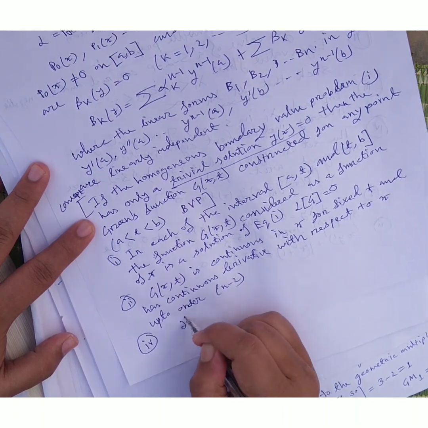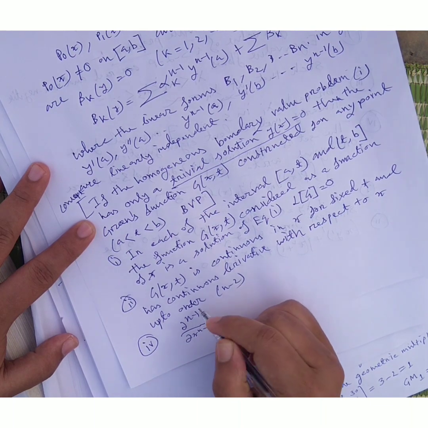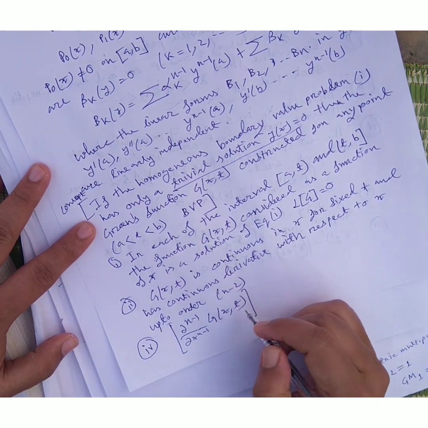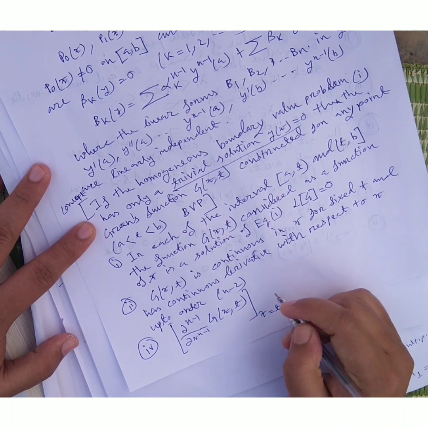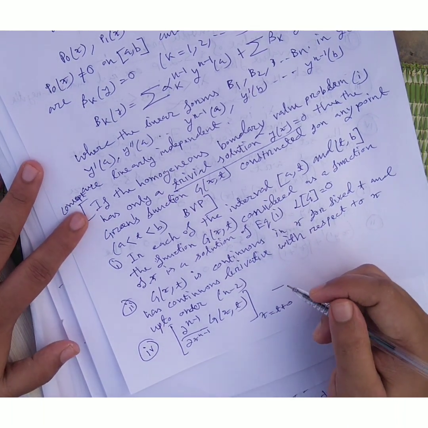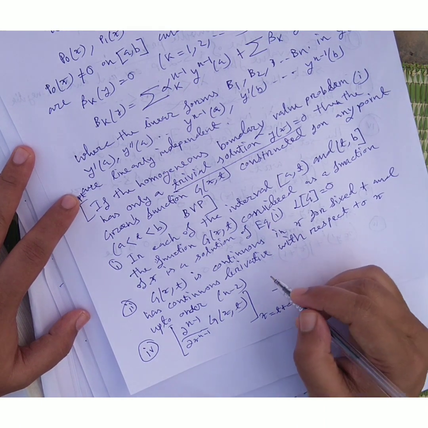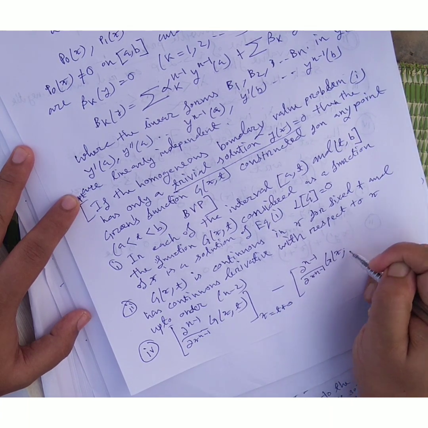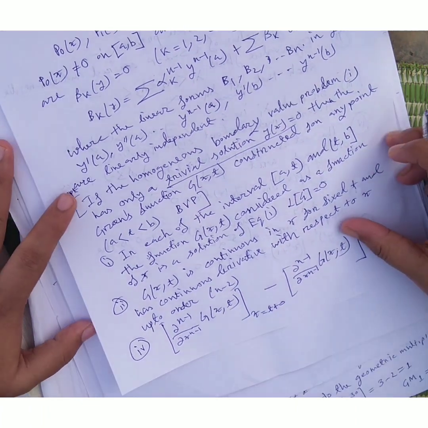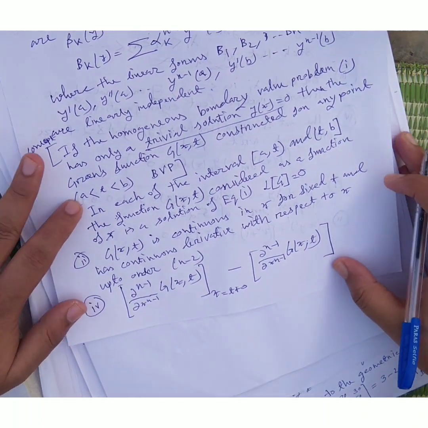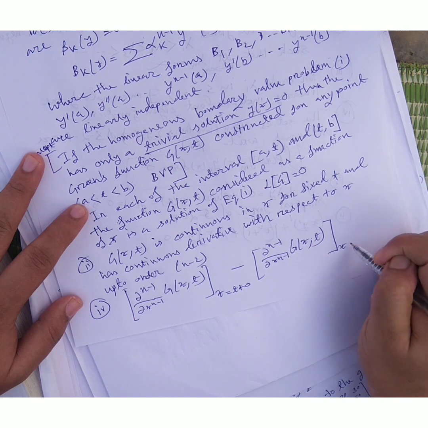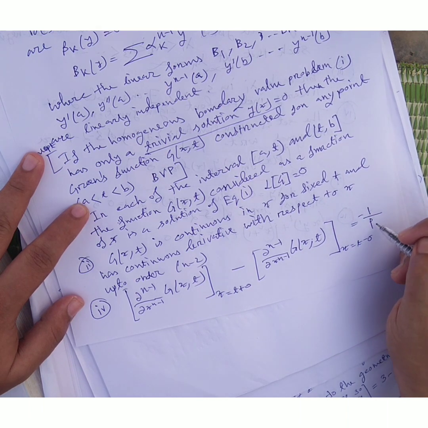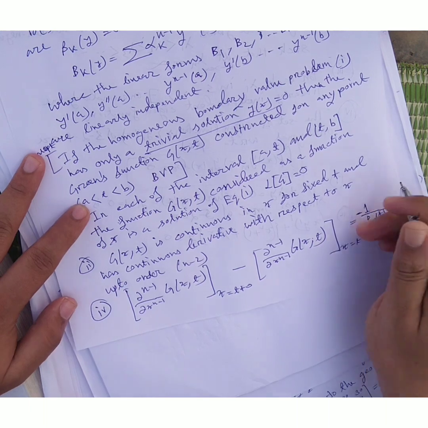This formula is ∂^(n-1)/∂x^(n-1) G(x, t) at x equal to t plus 0, minus ∂^(n-1)/∂x^(n-1) G(x, t) at x equal to t minus 0, and we get 1/P0(t).